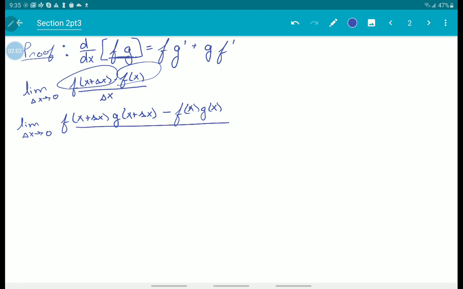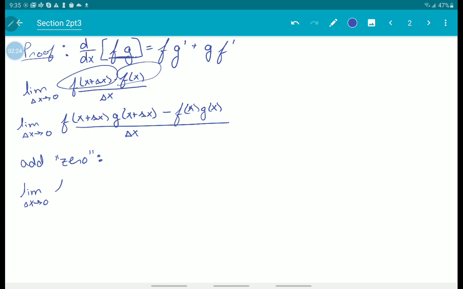And all that's divided by delta x. So here's the trick to this. What we're going to do is we're going to add 0 in a fancy way. And that's a common trick when we're talking about deriving things.